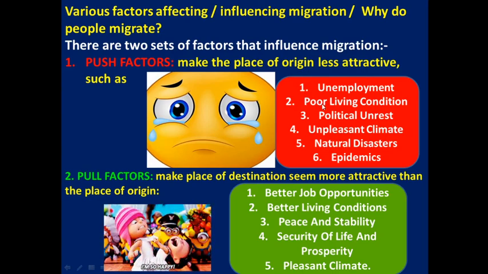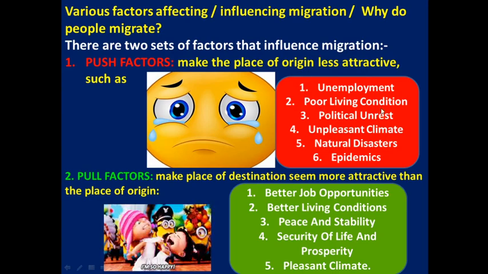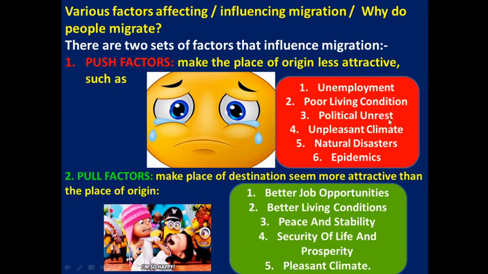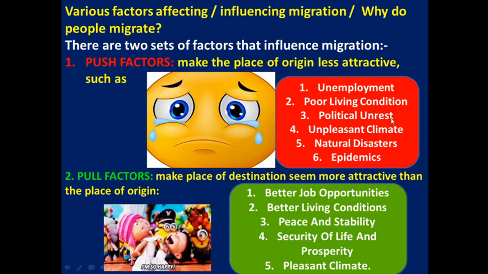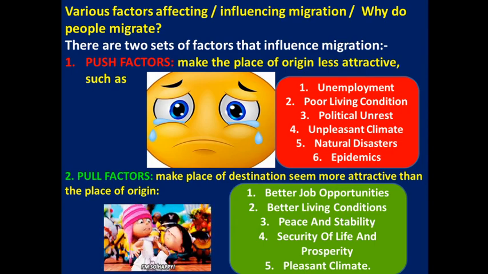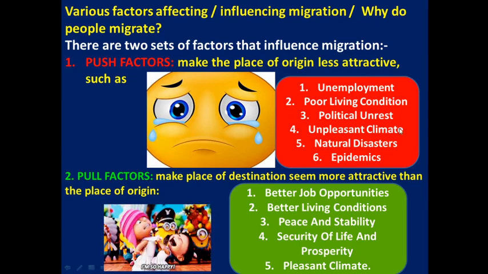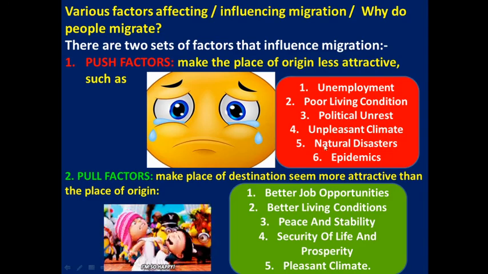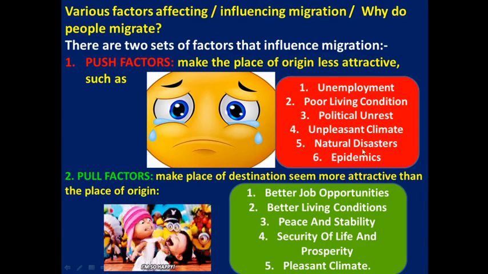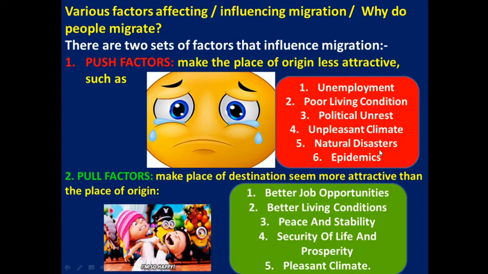Because in that particular region, we have poor living conditions, lots of political unrest, civil wars, and political turmoil, and unpleasant climate. It may be because of natural disasters such as frequent earthquakes, volcanoes, and tsunamis.